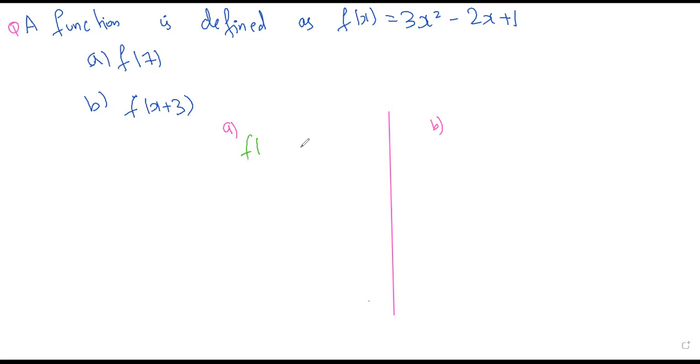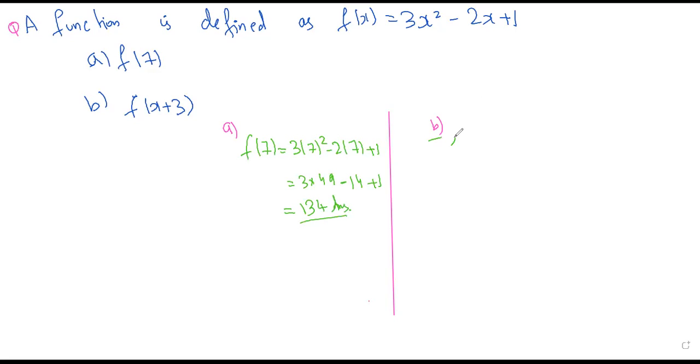We need to plug in 7 everywhere we have x. So that would be 3 into 7 squared minus 2 into 7 plus 1. This is 3 into 49 minus 2 into 7 is 14 plus 1. And this is going to give you 134. That is correct.